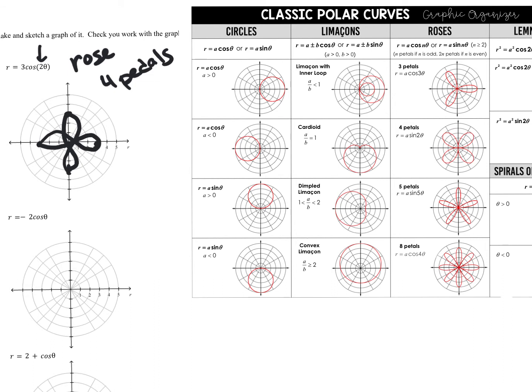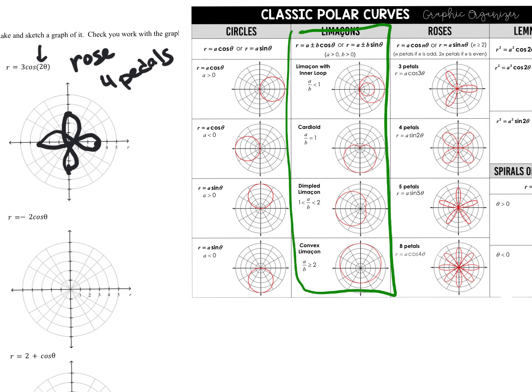So it's going to be one of these limaçons in this kind of area. So we just have to figure out which one. And so we know that a in this case would be 4 and b would be negative 3.